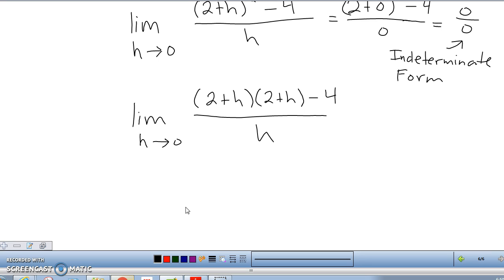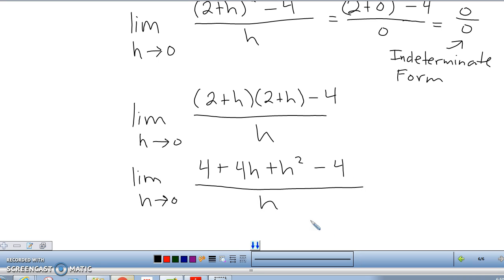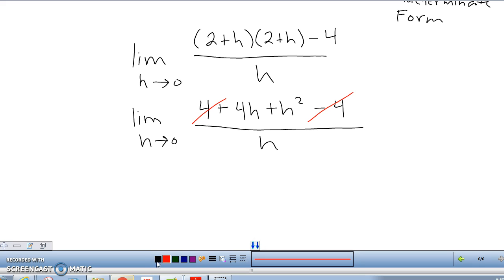Let's apply the distributive property here to expand this, and we get 4 plus 4h plus h squared minus 4 all over h. 4 minus 4 is 0, that cancels out.